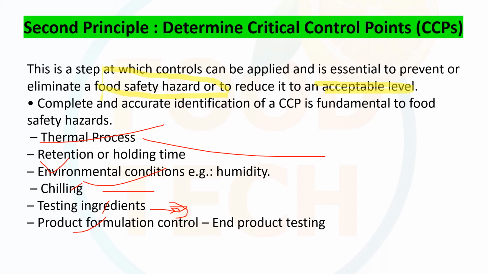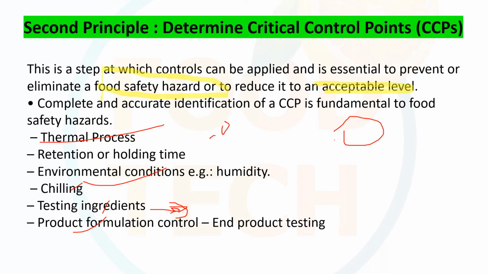Let us take an example: above 40 degrees Celsius, if the product is exposed above 40 degrees Celsius, there is harm to the texture and to the physical attributes of that product. So here the critical control point is 40 degrees Celsius. Above that you can't go. So this is all about critical control points.